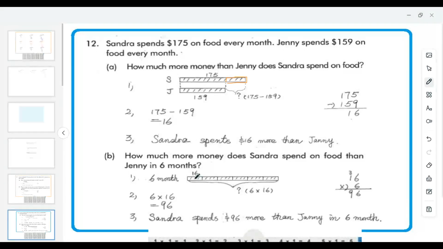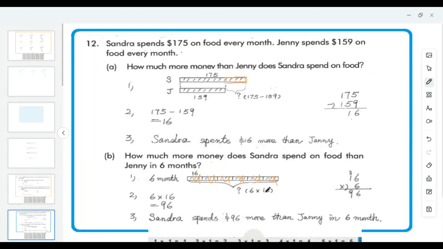Every month is 16, so 1 month, 2 months, 3 months, 4 months, 5 months, 6 months. Right? So 1, 2, 3, 4, 5, 6. 6 units. Each unit is 16.